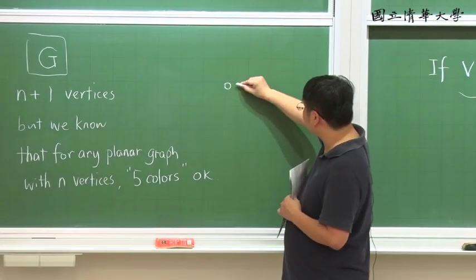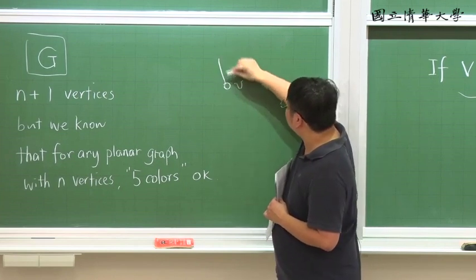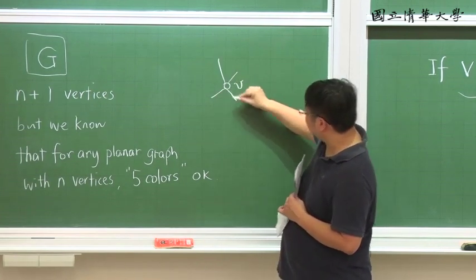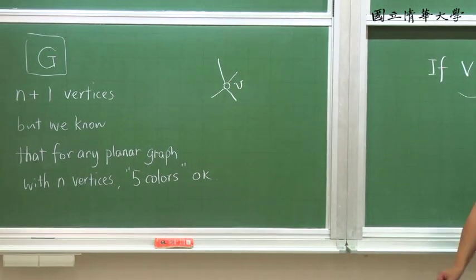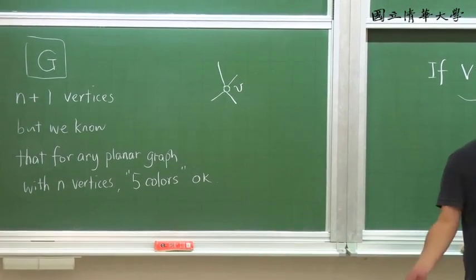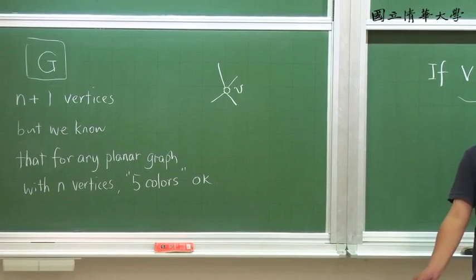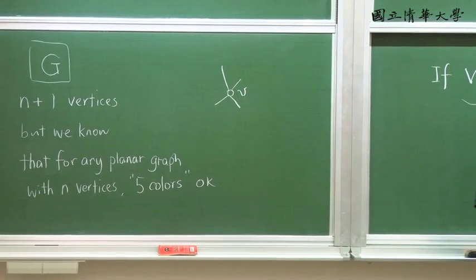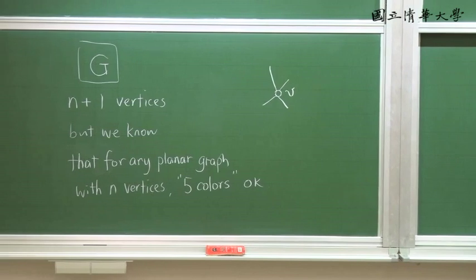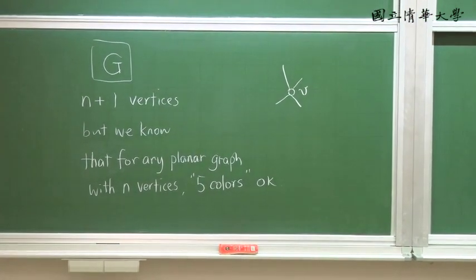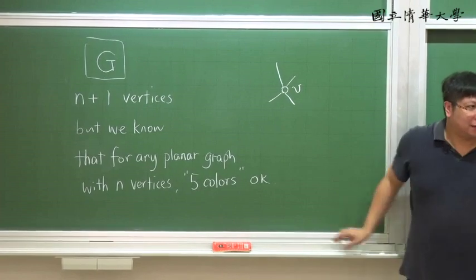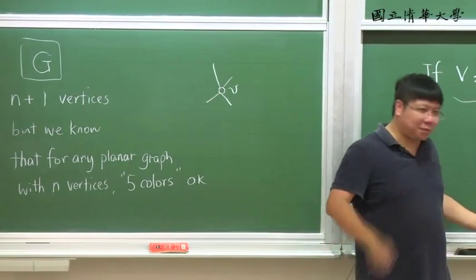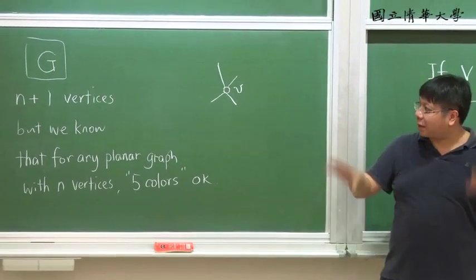Let's call it V. We want to show that we can still color the graph using 5 colors. If you understand what I'm going to do soon, could you please raise your hand? Nobody? Okay. So again, the proof turns out to be very easy, but the process is a little bit complicated.